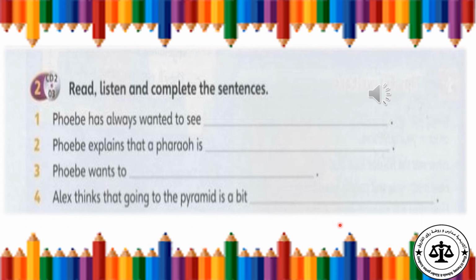I don't want to be pulling giant blocks of rock. I don't think the pharaoh looks after the slaves very well. I'd love to go inside and see if we can find the tomb. Let's do it. Let's go. Don't you think it's a bit dangerous? We'll be very quiet. They won't see us. I'm not sure it's a good idea. What do you think, Phoebe? I think we have to go. We can't miss this chance. Okay then. But let's be careful.